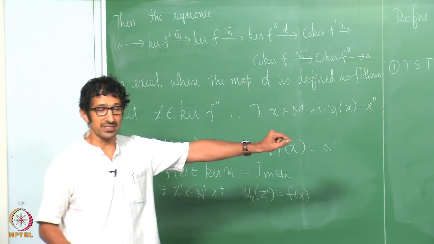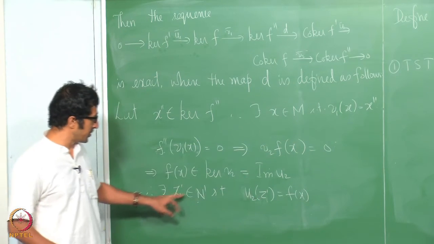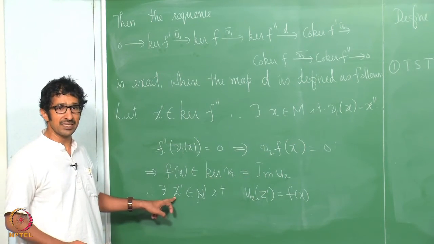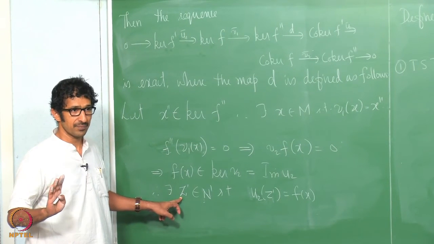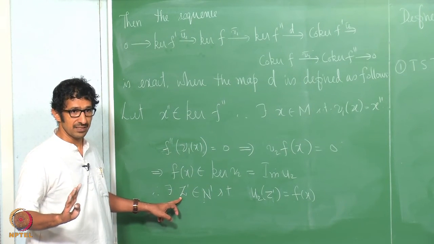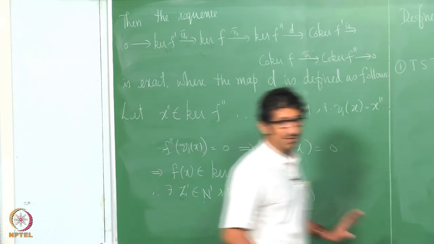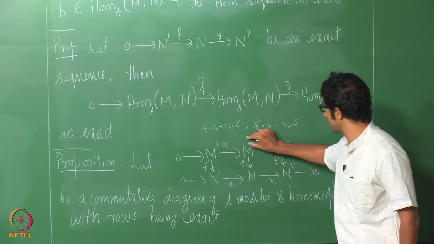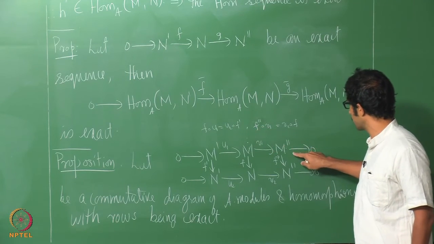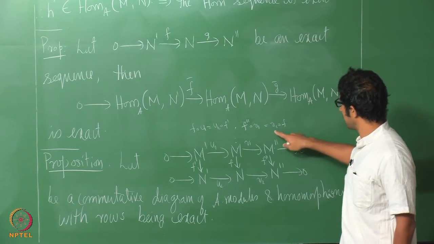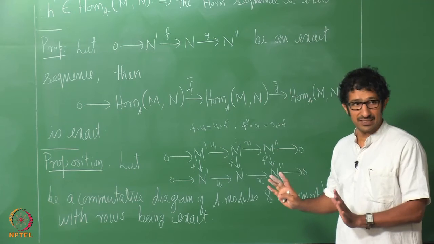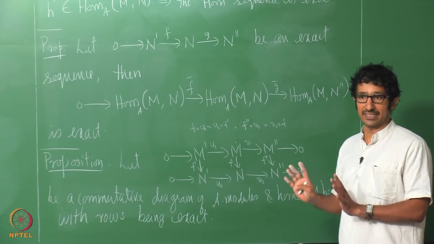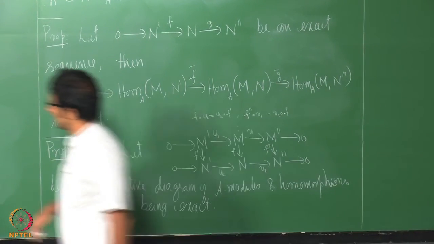So, if I know that there exists an image that is unique, there is no confusion here. So, we only need to deal with the case where I choose two different elements that go to x double prime, and that should not create any trouble. So, let us try that.